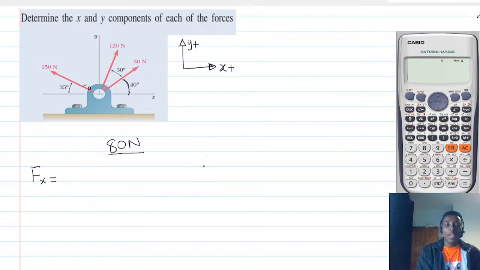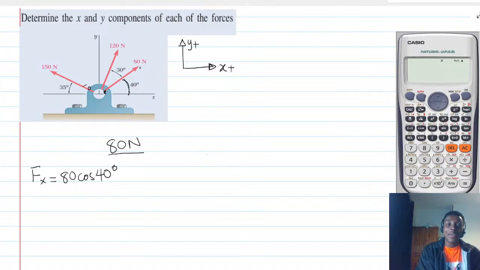So the x component is going to be 80 cosine 40 degrees. Right? Okay, let me do it this way.